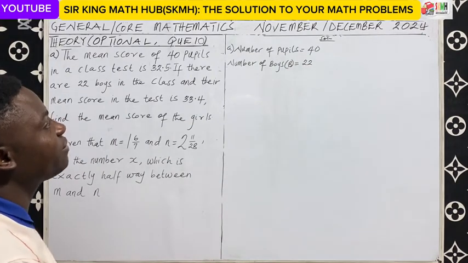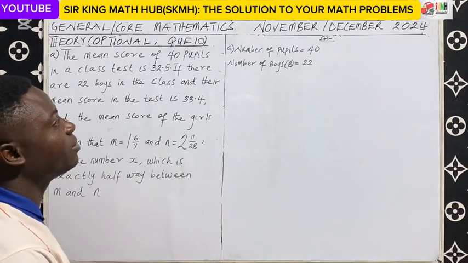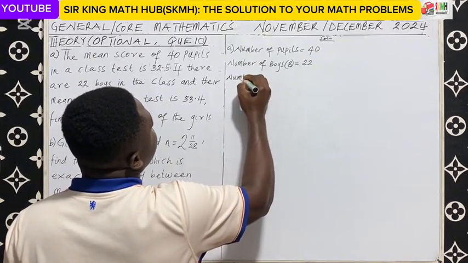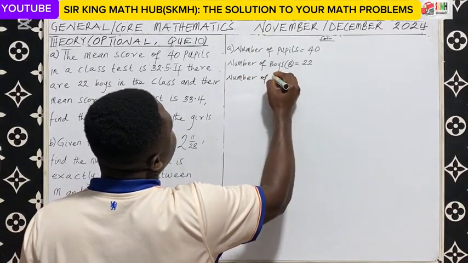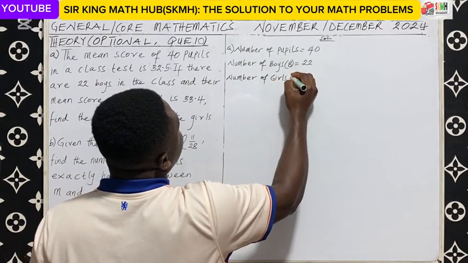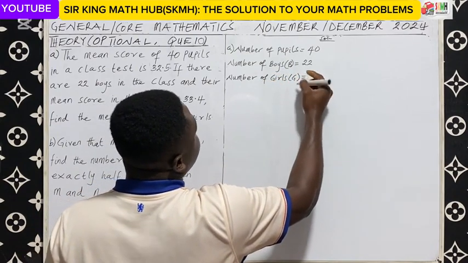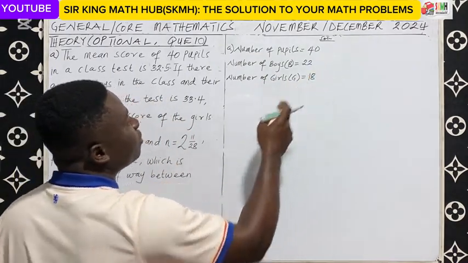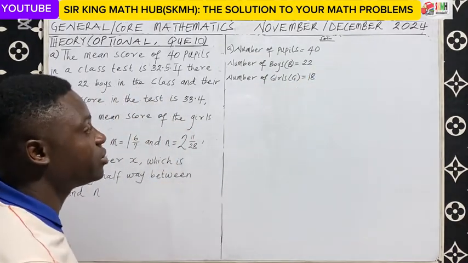So if there are 40 pupils and 22 of them are boys, then obviously the number of girls will be 18, because the number of boys plus the number of girls should be equal to the total number of pupils in the class.